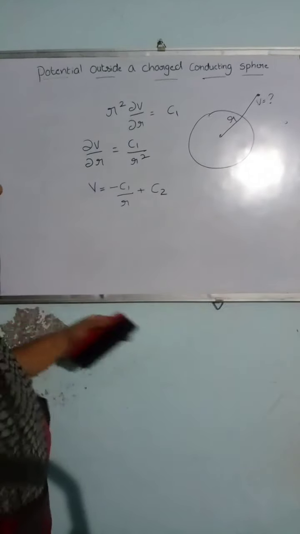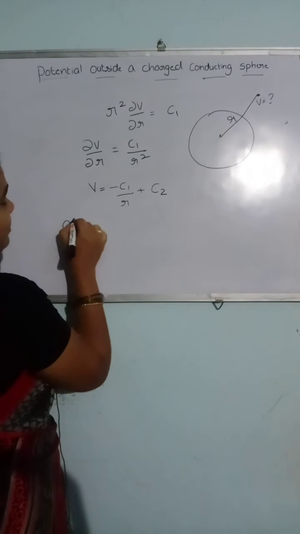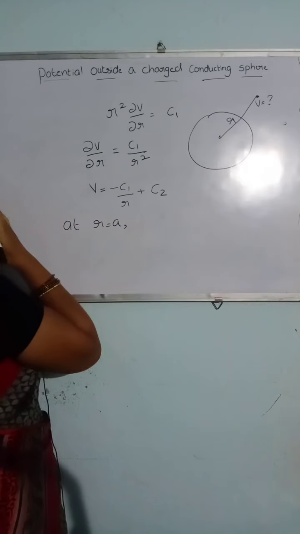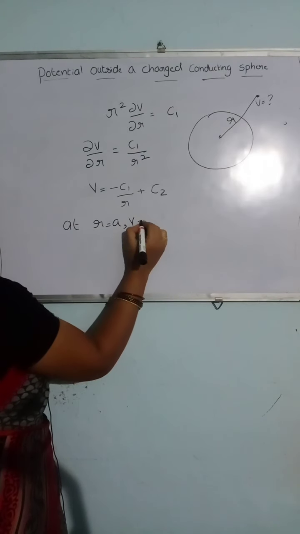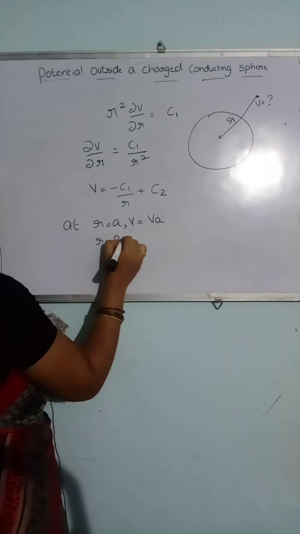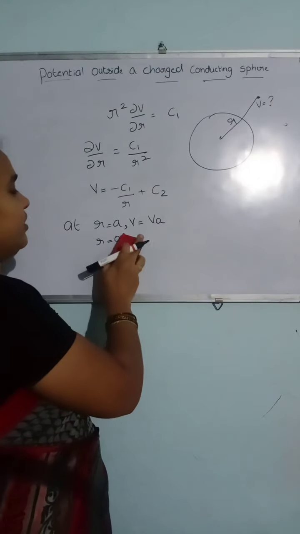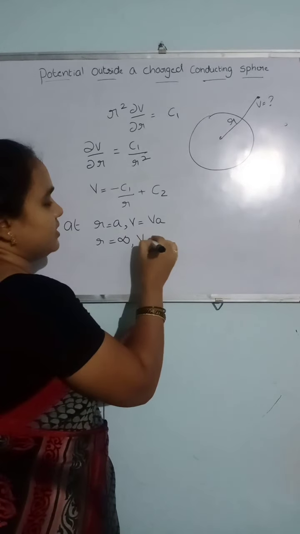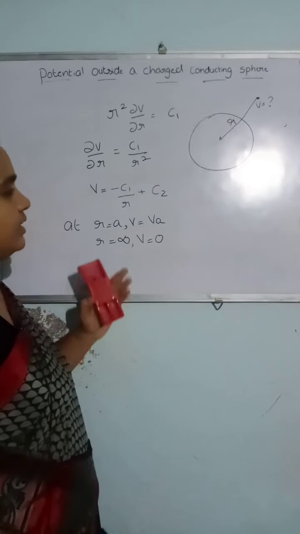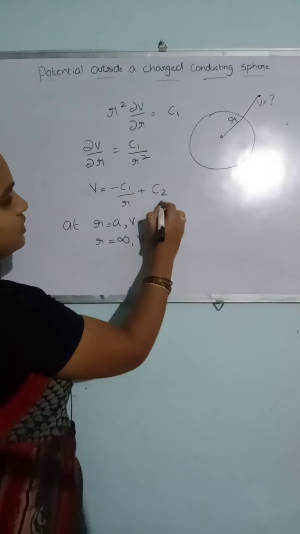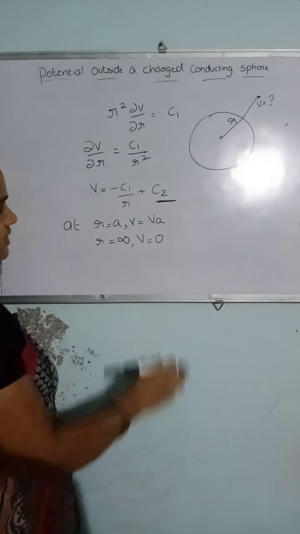So what are the boundary conditions? At r is equal to a, V is equal to VA. At r is equal to infinity, potential is equal to 0. So let us calculate the integration constants.